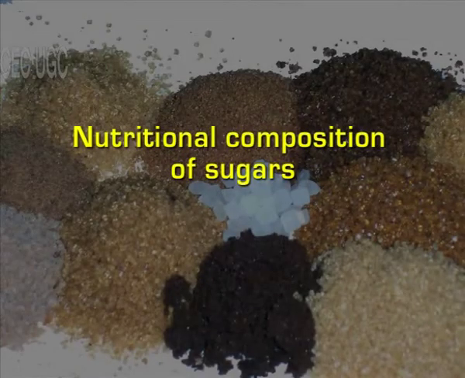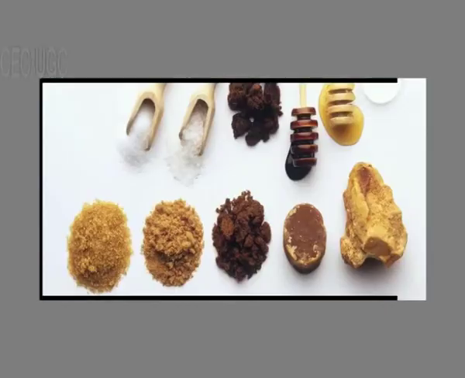Understanding the types of sugars, let us know what is the nutritional composition of these sugars. Sugars provide only energy to the body. As we all know, the food we eat should give us energy, should have a body building action and should also provide us a protective function.